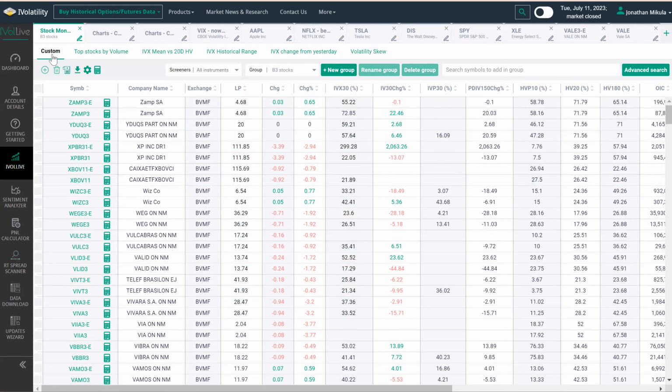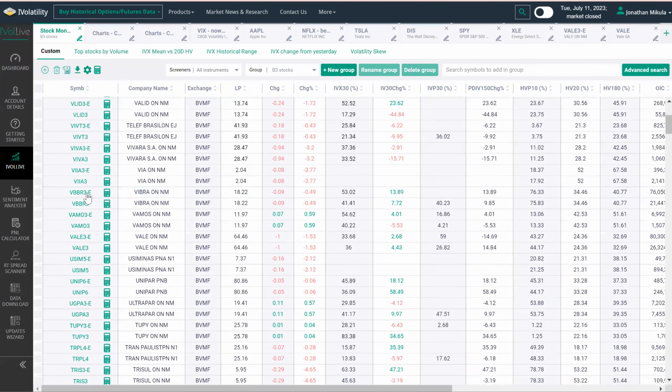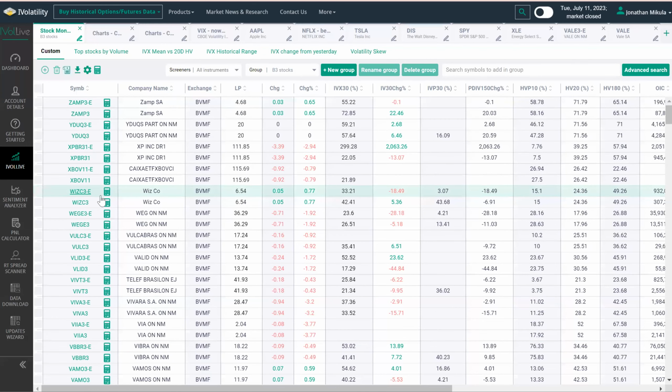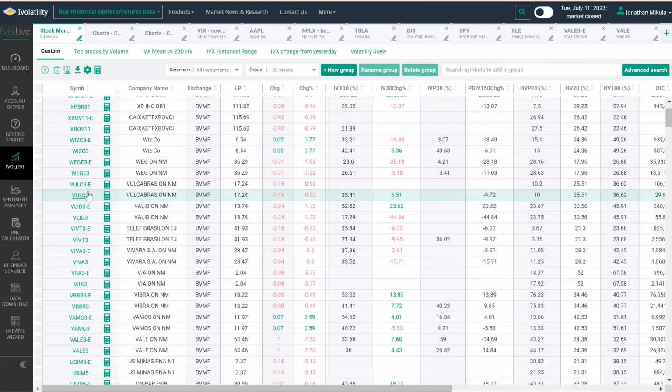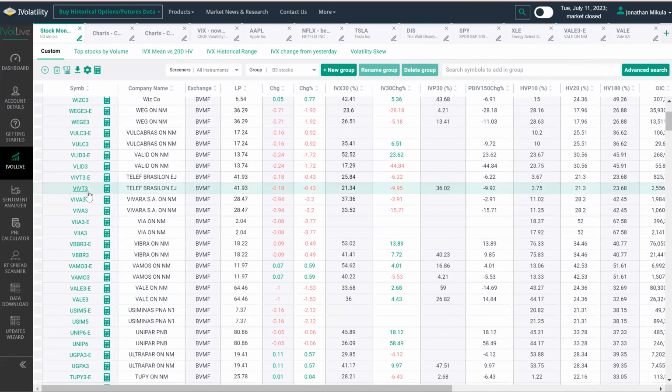So here on IVolLive, you could see our big news this week is that we had added B3. So this is the largest stock exchange in South America. It's located in Brazil. So you can see the names here are some of the largest names in South America. Many of these trade internationally as well, here in the US, some in London.